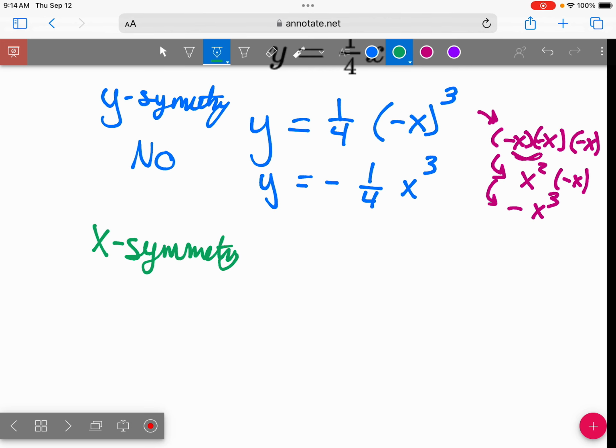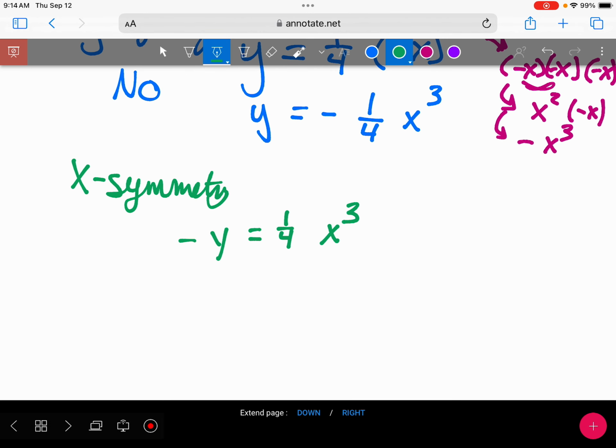That's when I replace my y with negative y. So we're going to have the opposite of y equals 1/4 times x cubed. I want to get it back to a y equals and have everything fully simplified. So what would we do? How do I get it back to a y equals? Divide by -1.